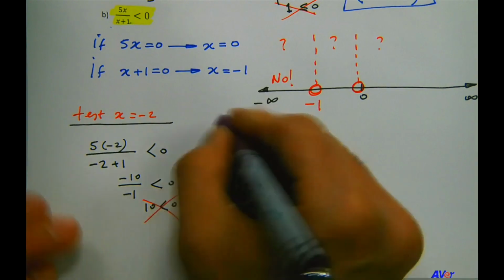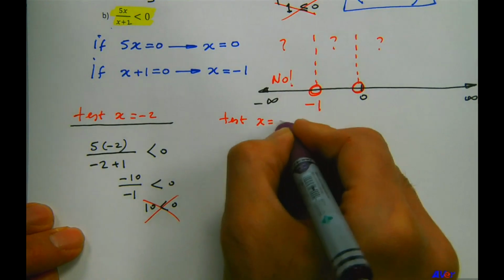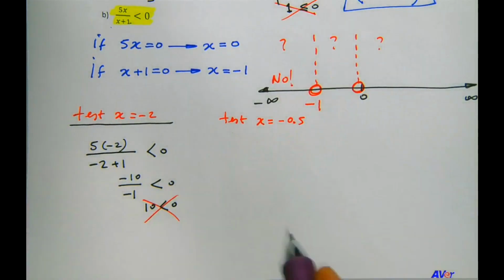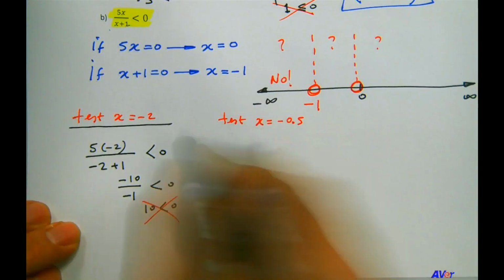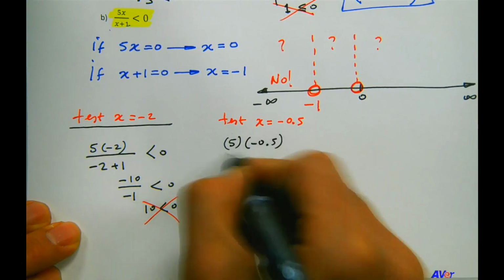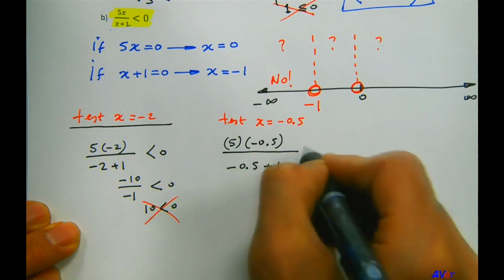So test x equals negative 0.5, right? In between these two, in that middle region. So plugging in, we have 5 times minus 0.5 divided by minus 0.5 plus 1.